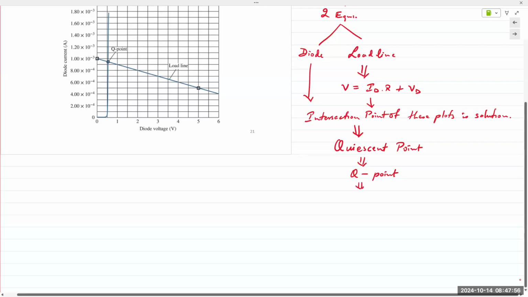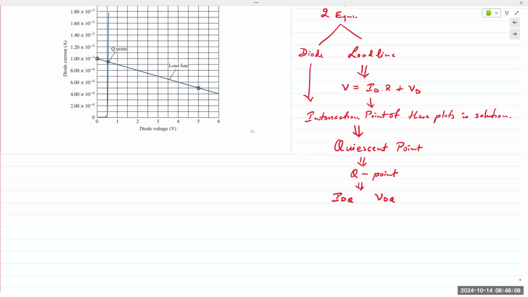For the Q point, we can state the diode current and the diode voltage as IDQ and VDQ, the diode current and diode voltage at the Q point, with just a subscript added on. The same thing will apply to other devices later on.